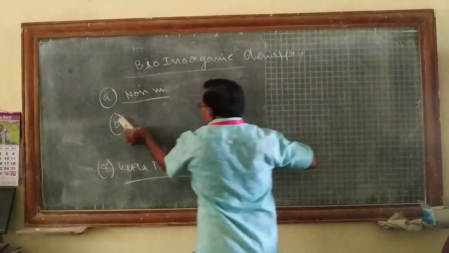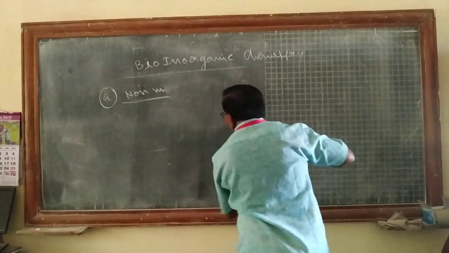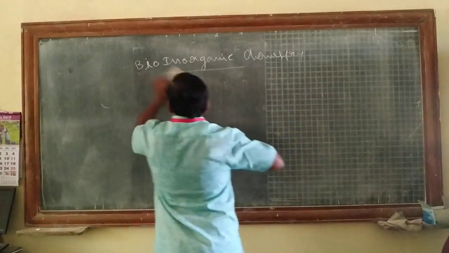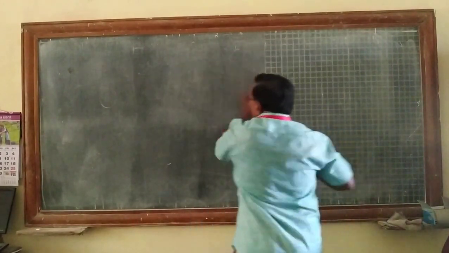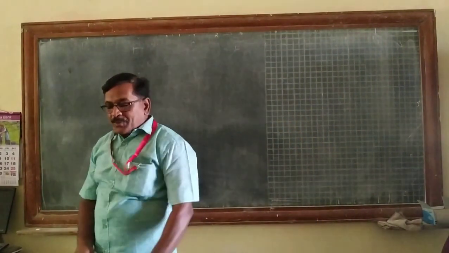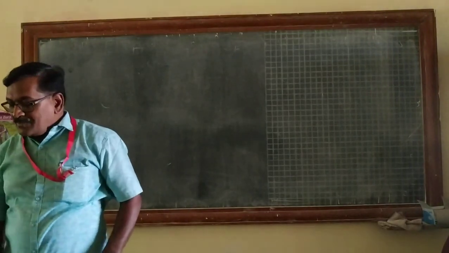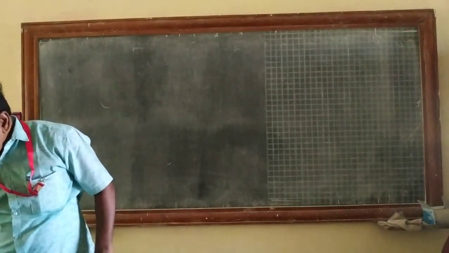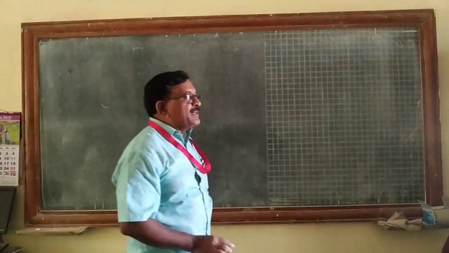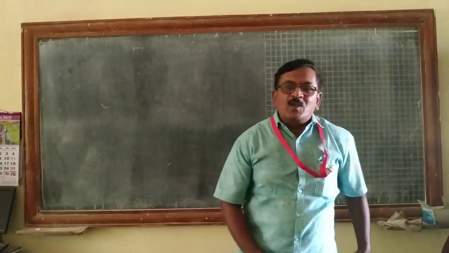Now we shall come to the role of sodium ions in biological systems, then the role of potassium ions, and the role of calcium and magnesium ions in the human system.